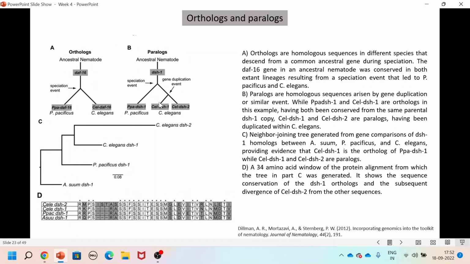These two genes, which evolved as a part of a gene duplication event, are known as the paralogs, while the genes which occurred as a result of the speciation event in both Pacificus and C. elegans are the orthologs.